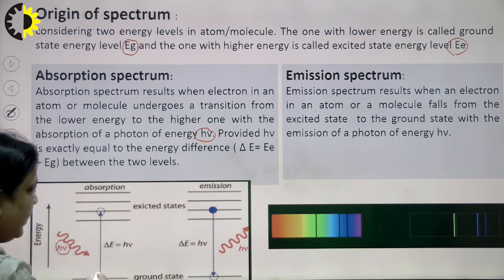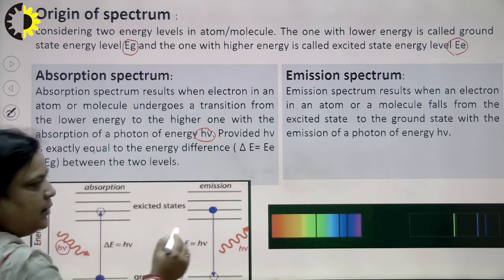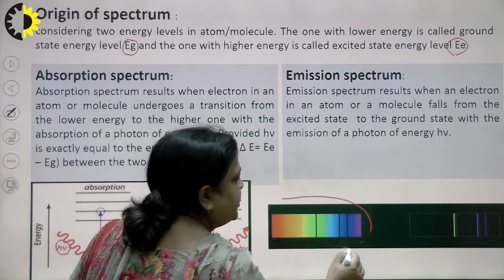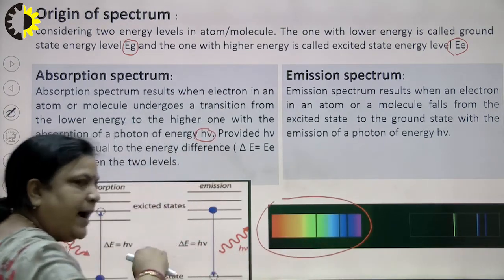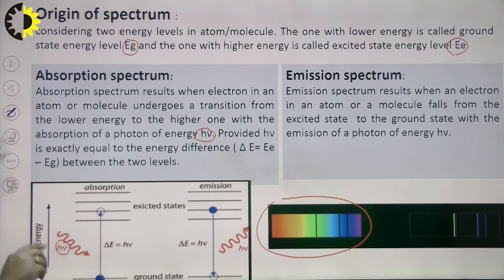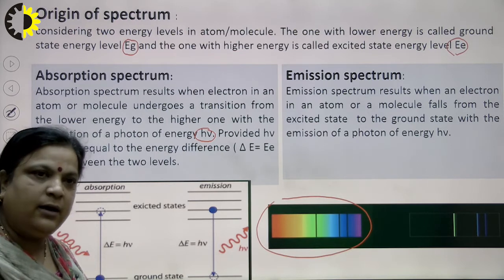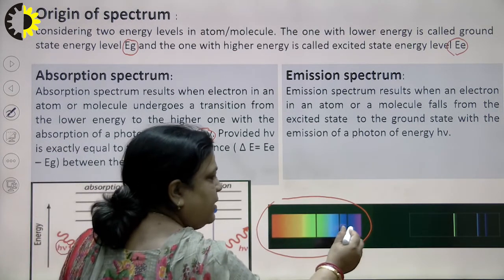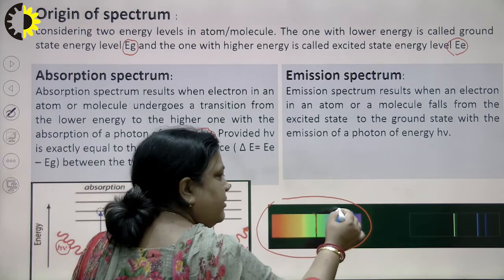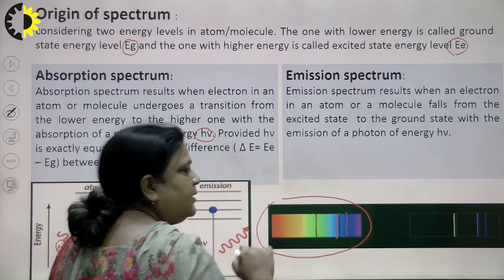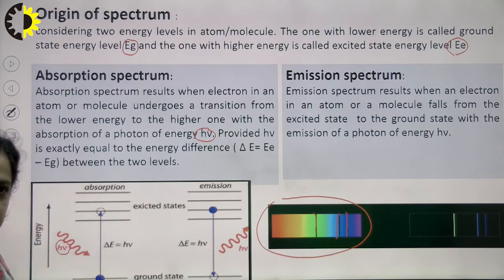And when absorption occurs, we get this type of absorption spectrum, that is, a band of colorful lines. We know that when we pass white light through a prism, we get the 7 color spectrum, but at the particular frequency where absorption occurs, we get a dark line.